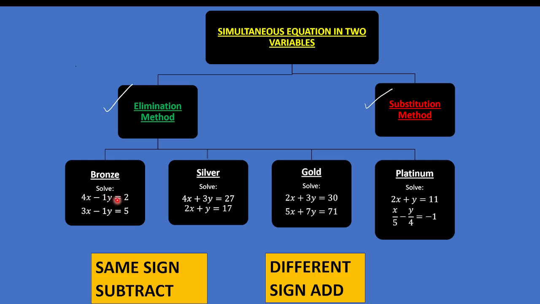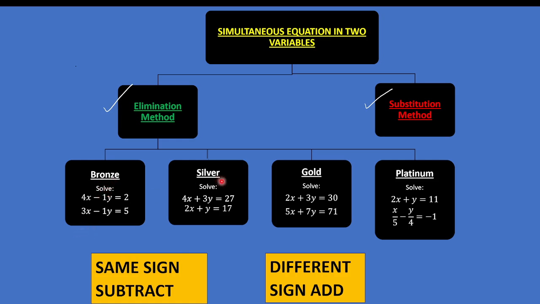Like here in the bronze category, in equation number 1, my y term is 1y, and in equation number 2 my y term is also 1y, so it is always the same. The sign could vary, like here it is minus minus, it could be plus minus or minus plus, but all these y terms, or maybe all x terms, should be the same, then only we are going to follow this bronze category method.